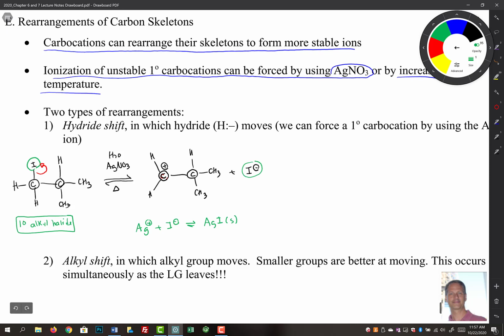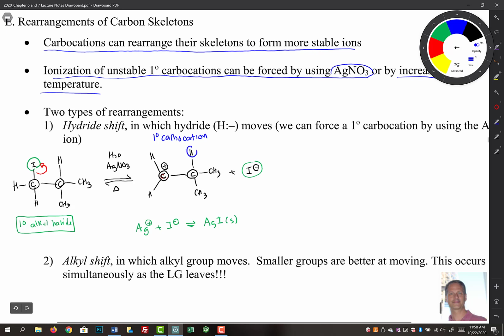Now, we also notice that we have a primary carbocation. So this carbon with a plus charge here is a primary carbocation. Then what happens is we're going to take one of these H's, this H right here, and that H is going to end up moving over to the carbon with a positive charge.